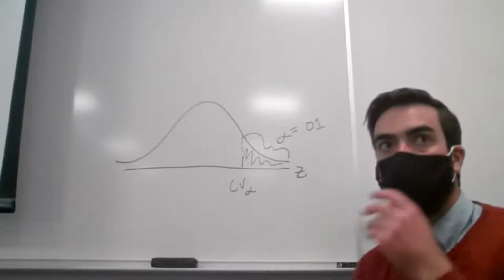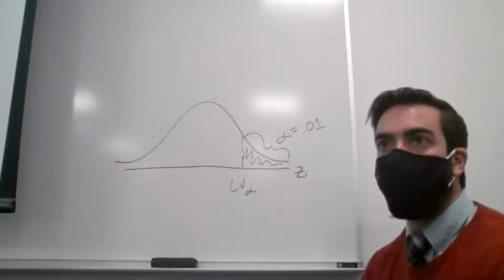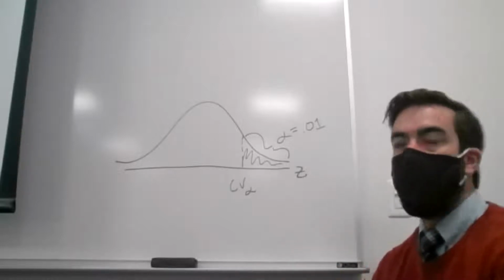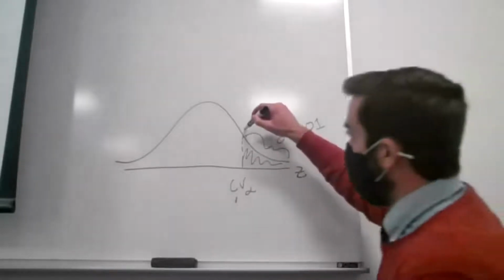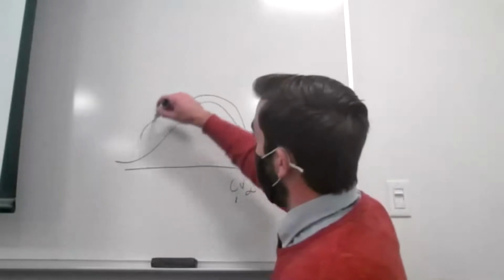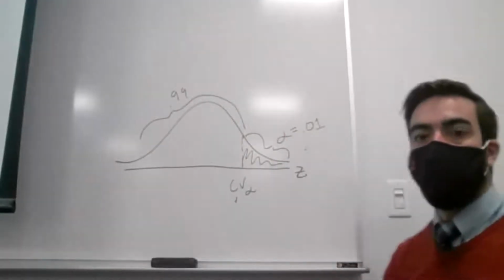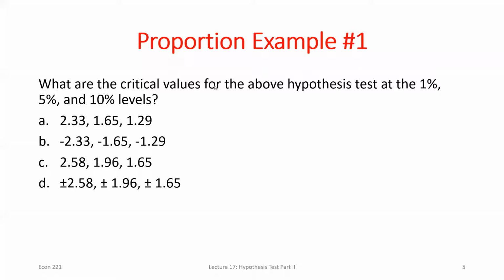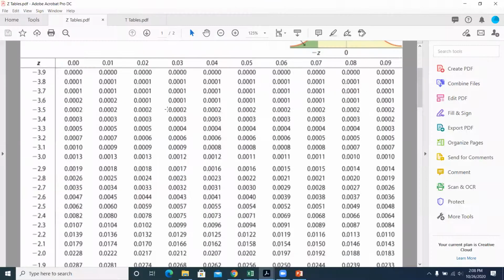Well, there's two ways we could do it. I could first say, well, when I go to that table, I know that I have to look up the area to the left, right? Well, if I want 0.01 to the right of this value, what area do I want to the left? Well, just 1 minus that, right? So I've got 0.99. I go to my z-tables.